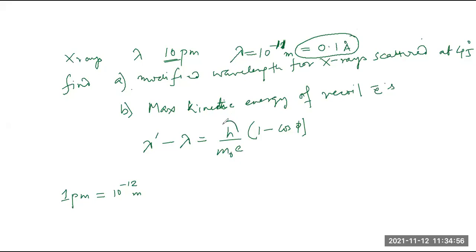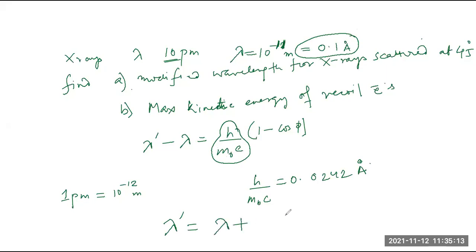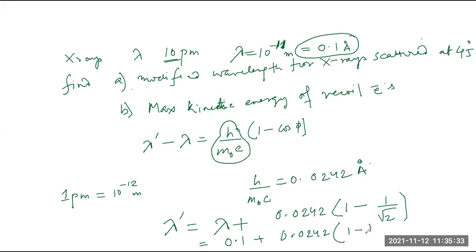Let us write it in terms of angstrom. Why? Because I already know the value of h by m naught c in angstrom, 0.0242 angstrom. So everything comes in angstrom. So I can just put lambda dash is equal to lambda plus 0.0242 into (1 minus cos 45 degree, which is 1 over root 2), and lambda is 0.1. So it is 0.1 plus 0.0242 into (1 minus 1 over square root of 2), everything in angstrom.